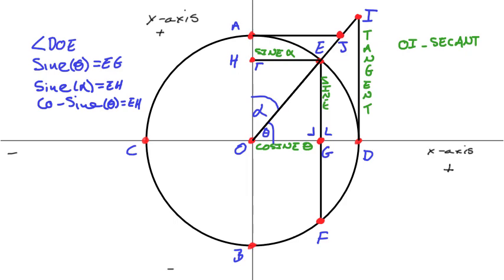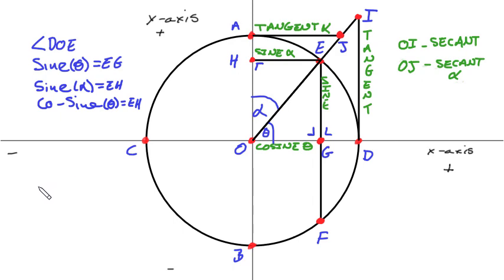Okay? So we call this the tangent line of alpha. And again, because I don't want to clutter this up too much, I will just write over here that OJ is the secant of the angle alpha.